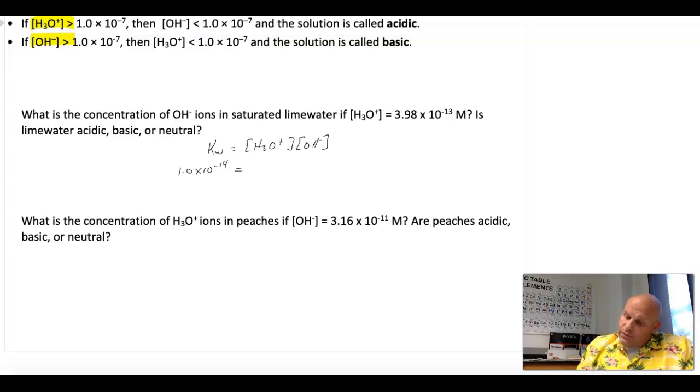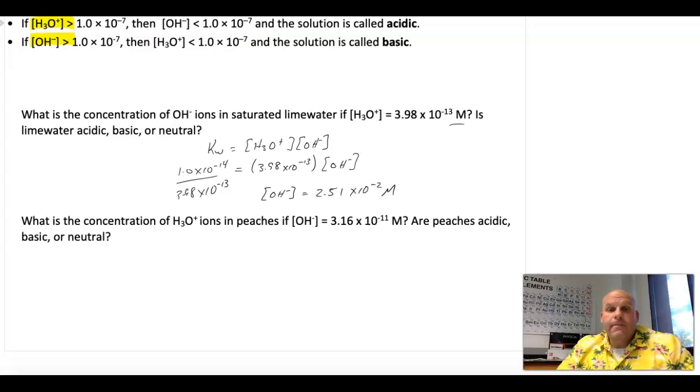In this case, we know our concentration of H3O plus is 3.98 times 10 to the negative 13th. So I can divide, and I get an OH minus concentration of 2.51 times 10 to the negative second, and the concentration there is molarity.